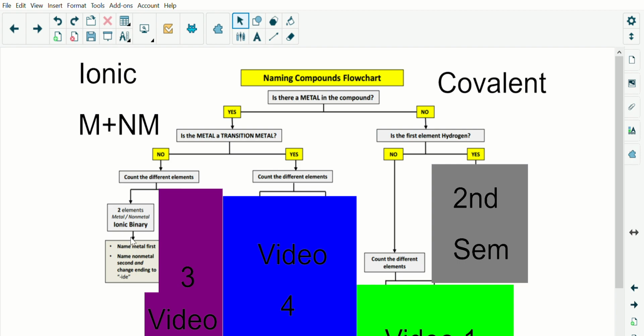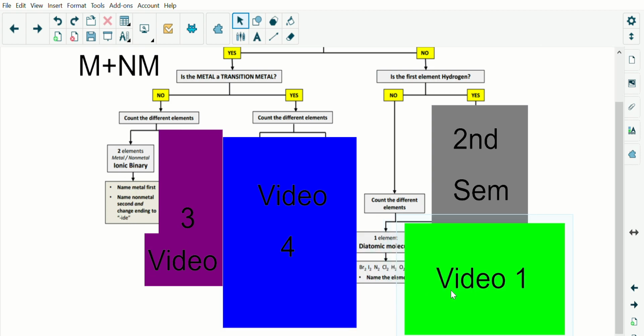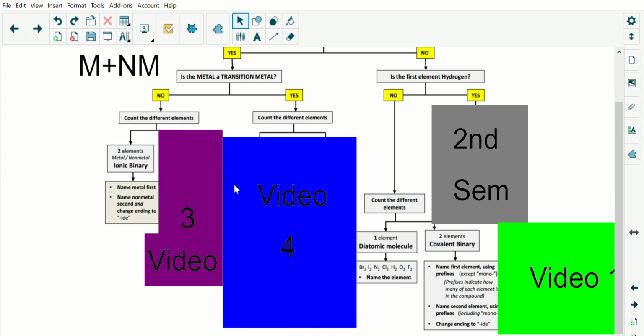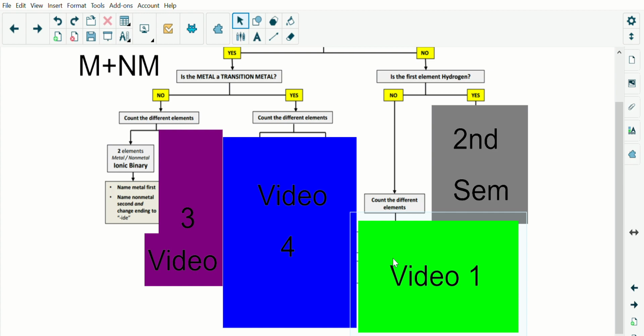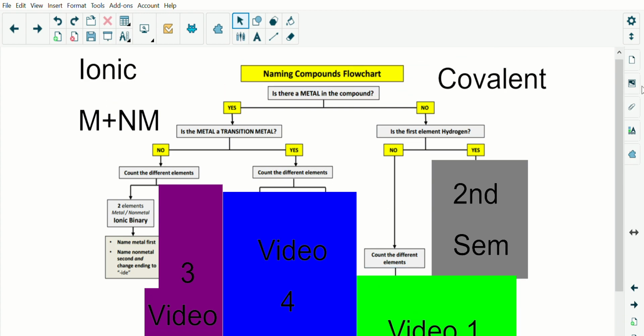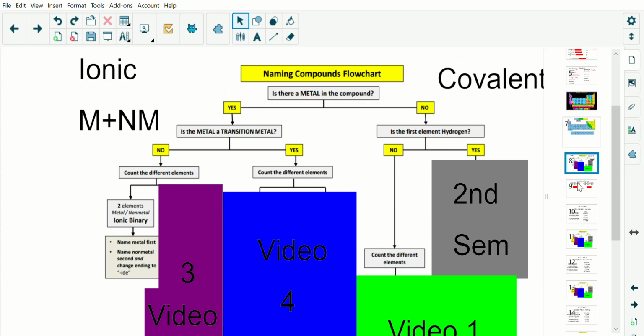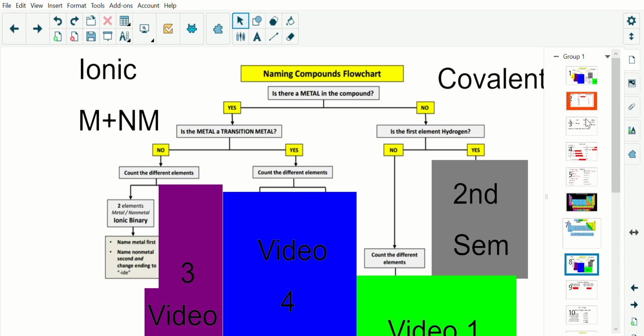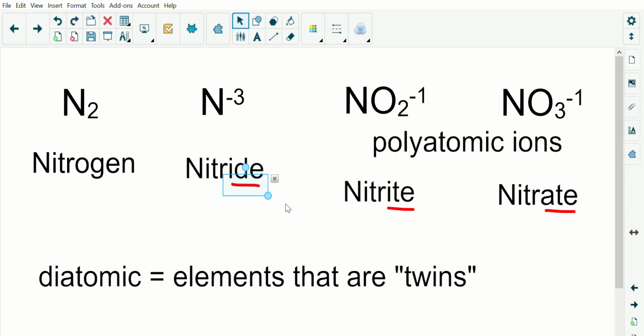What you're going to do is you're going to name the metal first, and then name the second one, changing the ending to "ide." This part with the "ide", just as a refresher from video 1, is the exact same as the other one, and it's for the exact same reason. If you have an ion of any kind, as I scroll back to the last video, it's going to end with "ide".